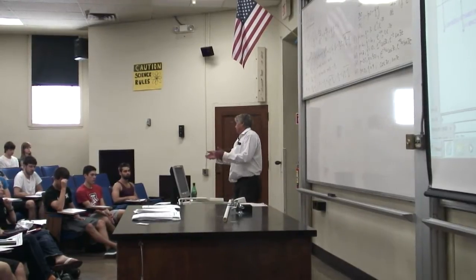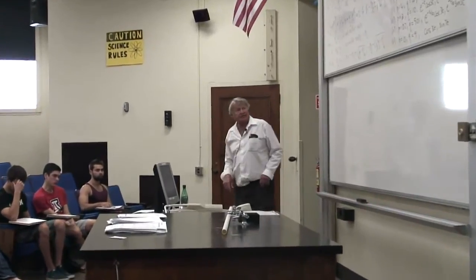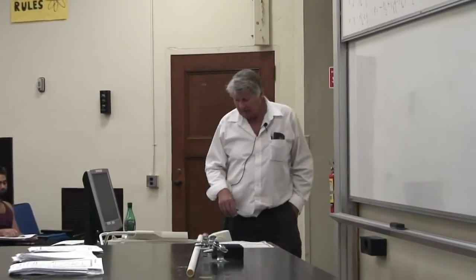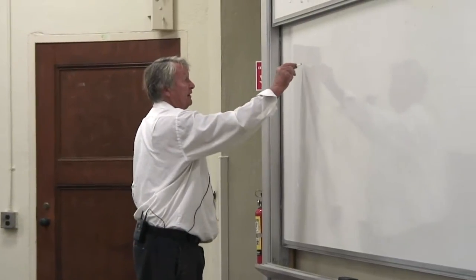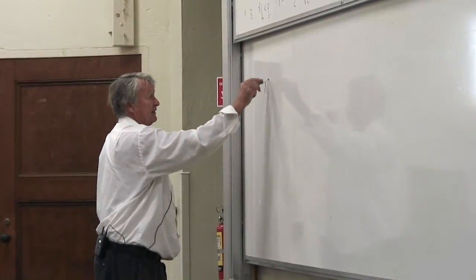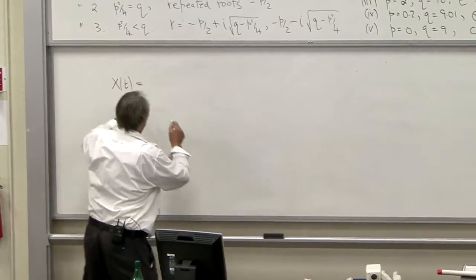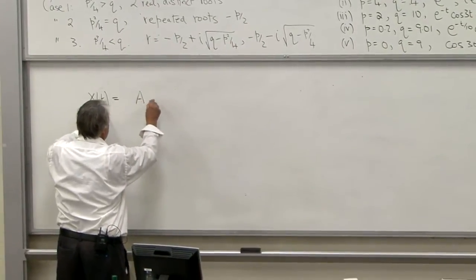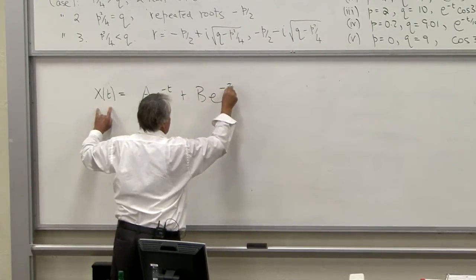All right, so now you can draw lots of your graphs. Now you'd like to sort of understand what's happening. So let me just take a look. The general solution is x of t, which is our y, of course. x of t is a e to the minus t plus b e to the minus 3t.